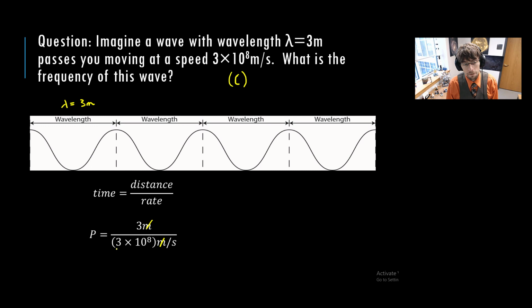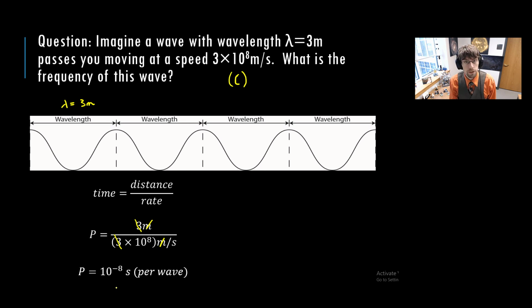And you notice I've got a 3 in the denominator and a 3 in the numerator. So we could cancel those as well. And so you get that the period is 10 to the negative 8th seconds, per wave. Okay? It'll take 100 millionth of a second for this wave to repeat.